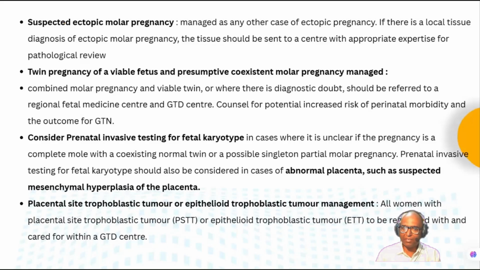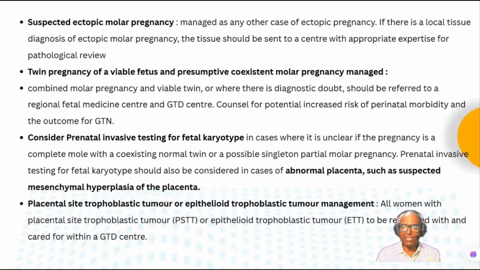One is a fetal medicine center referral, and second is a GTD referral center. Counsel for potential increased risk of maternal morbidity and mortality and the outcome of GTN. So when you are given such a scenario and asked in the EMQ, look for 2 referrals. They may give you different referrals, or they may consider termination. Multiple options will be given, but these patients will require 2 referrals: one is a fetal medicine referral and second is a GTD center.